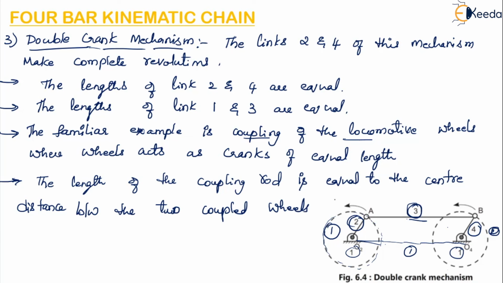So if these are the two wheels, the distance between the centers of the two coupled wheels will be equal to the length of link 3. This is the meaning of the double crank mechanism.